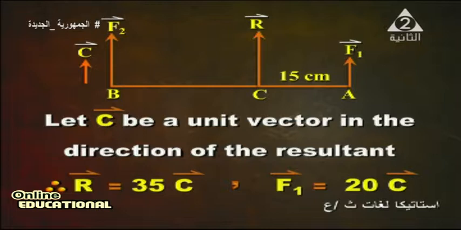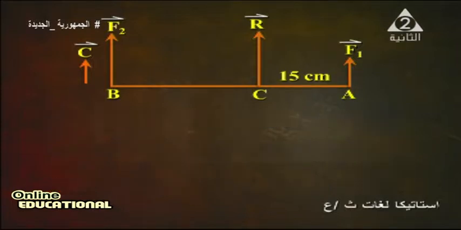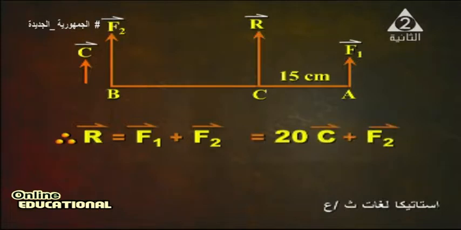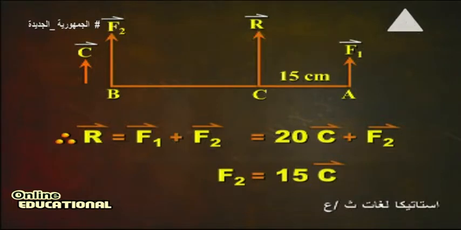It equals 15, or 35 minus 20 equals 15. Therefore, we can calculate F2 by subtraction, R minus F1. R equals F1 plus F2. This is the rule. In this case, F1 is 20C, and F2 equals 35 minus 20, which equals 15C.